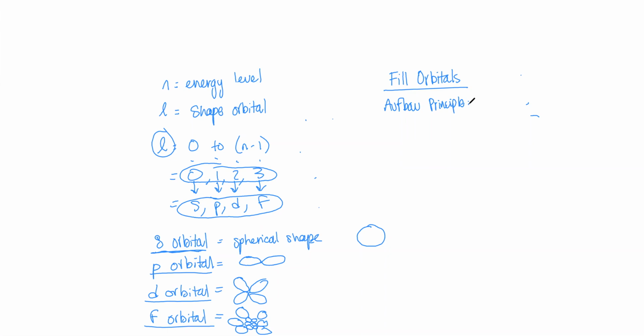So I guess a good way to remember that is if they give you the N and the L, the lowest N plus L value is where you're going to put your first electron. This is going to be your first electron. It will always go in the lowest orbital right there.